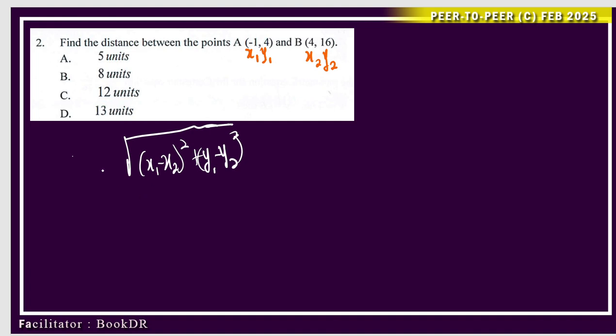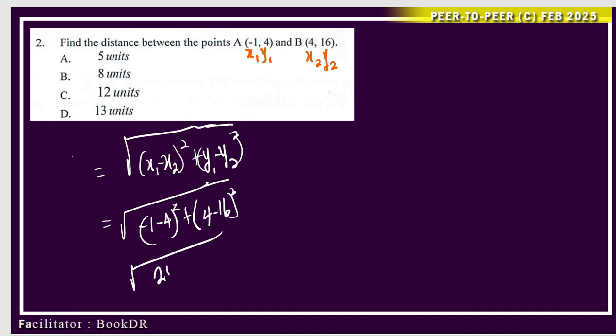We substitute in the values. So we have the square root of negative 1 minus 4 all squared, then plus 4 minus 16 all squared. So we are going to have negative 5 squared, which is 25, plus 12 squared, which is 144. This will yield the square root of 169, and that should give us 13 units. So the correct answer is D.